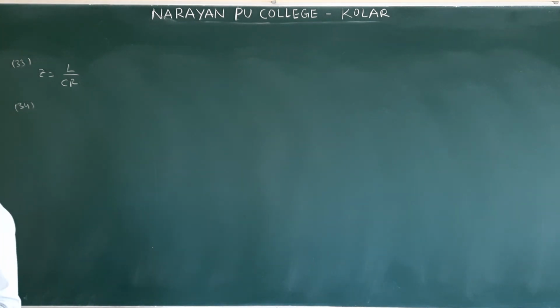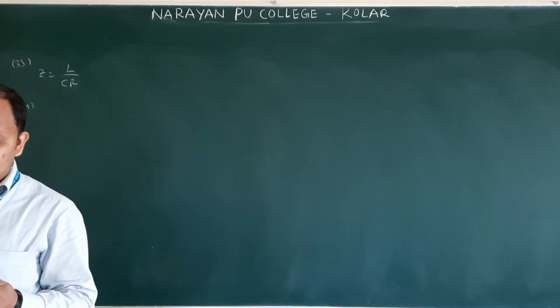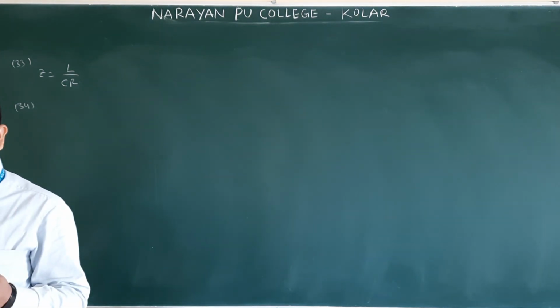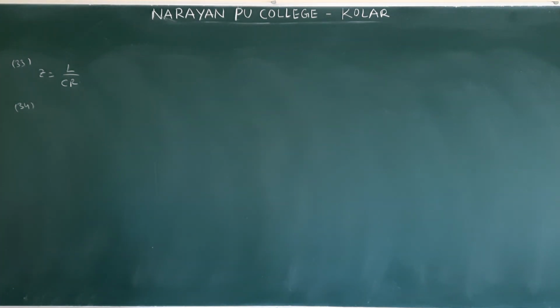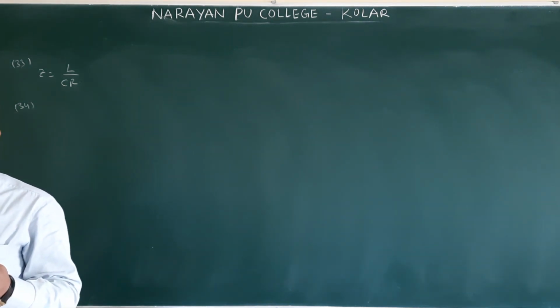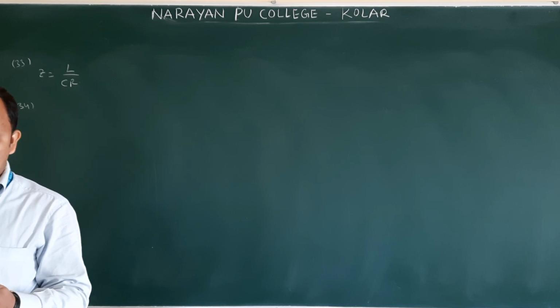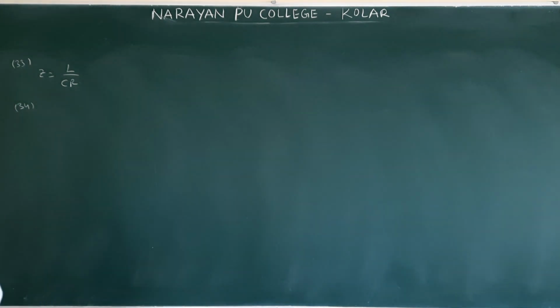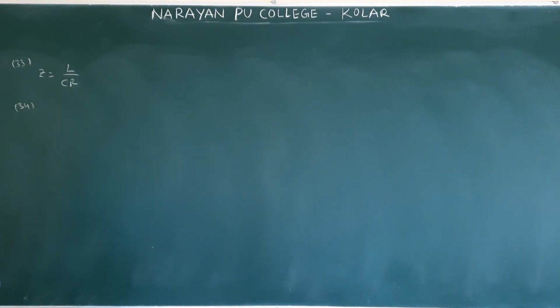I gave the form factor definition: it is the ratio between RMS and average value. That is also correct. The ratio of peak value and RMS value is known as peak factor. That is also correct, though we didn't discuss that one. So A, B, C are all correct.